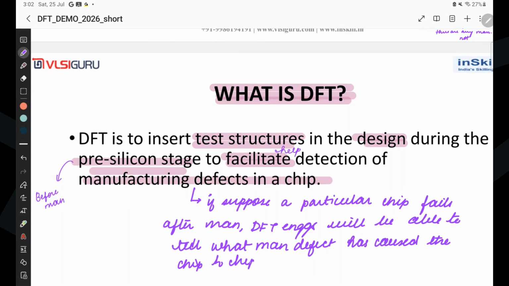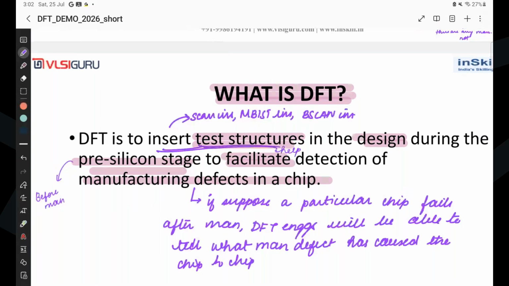So DFT is to insert test structures in the design. We will be adding our own test structures like scan insertion, MBIST insertion, boundary scan insertion in the design during the pre-silicon stage, which is nothing but before manufacturing.